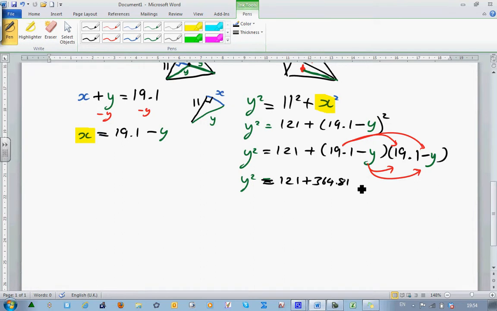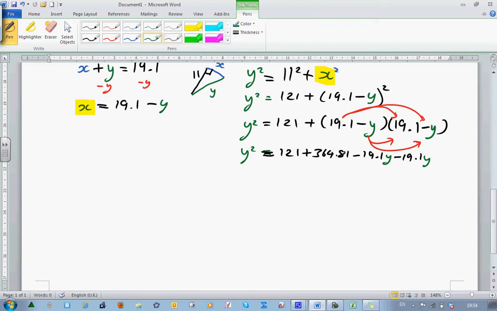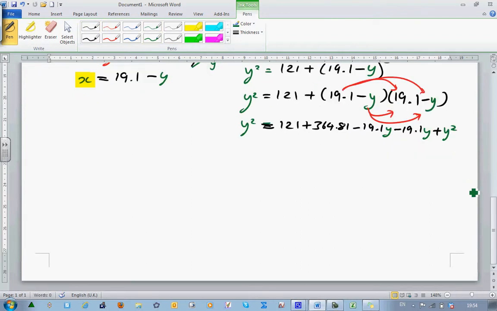And let's show you that over here in a different form, which is a grid form. What we're saying is it's 19.1 and y times 19.1. It's better off actually with minus y, like that. And let's just form a grid. So if I think about this as a multiplication, then I've got 19.1 times 19.1 in here. I've got minus 19.1y.